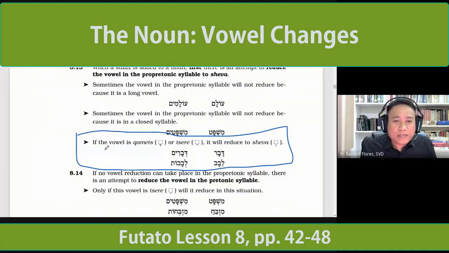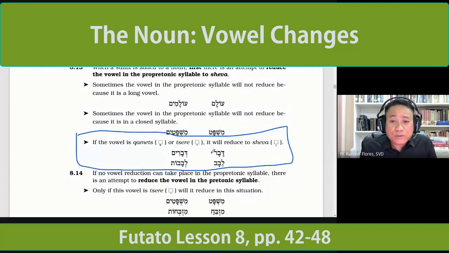Let's go to the first one. The plural of davar. We learned before that you add im as a plural. However, it's not as simple as just adding im, because you already have long vowels there and an open syllable.